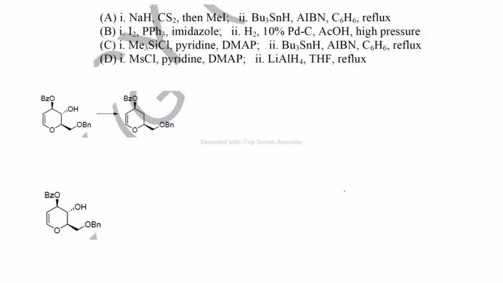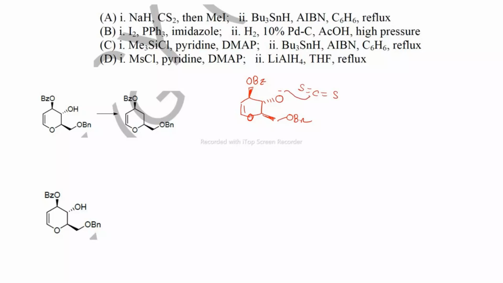So in the first option, when they are using sodium hydride, CS2 and methyl iodide, what will happen? First step, there will be a formation of the OBz, and OBn group is there. So OH. With sodium hydride, it will produce O minus, and there is carbon disulfide.